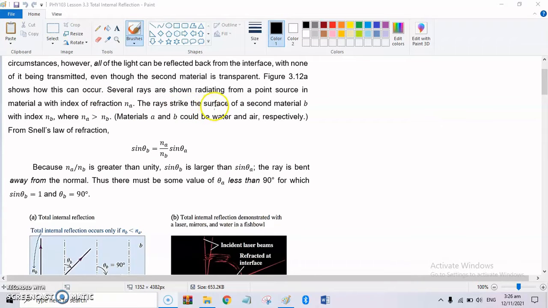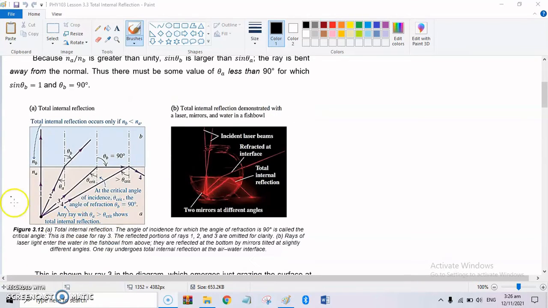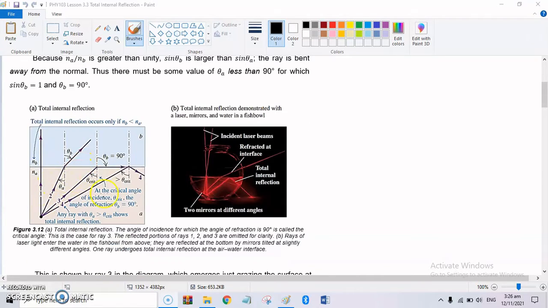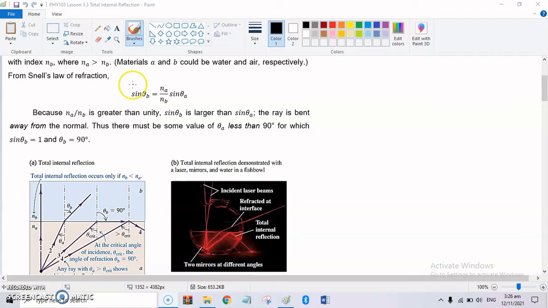The rays strike the surface of a second material, B, with index Nb, where the index of refraction of A is greater than the index of refraction of B. That is, materials A and B could be water and air, respectively.